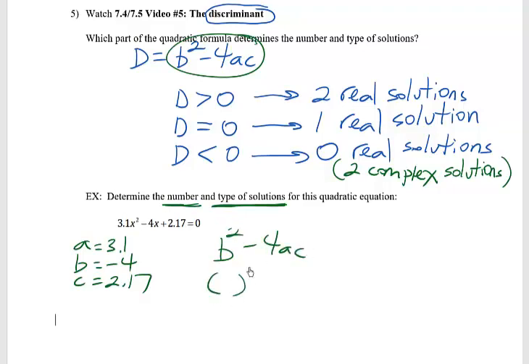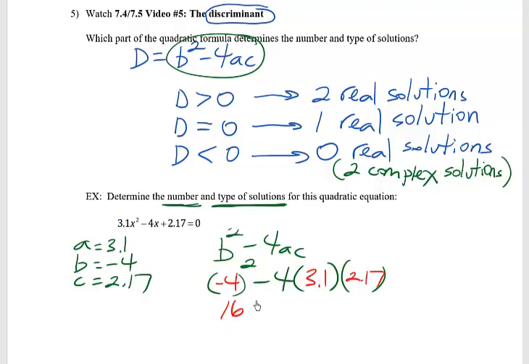The slots are probably still helpful. Just slot squared minus 4 slot slot. b gets placed in the first slot, that's -4, and then an a, I'm glancing up at the discriminant, and then a c. Calculator will probably be helpful for that last part.